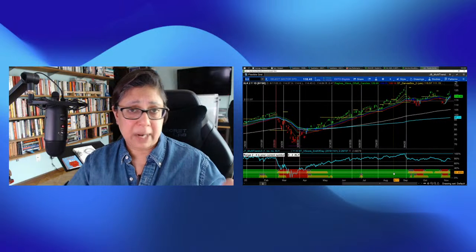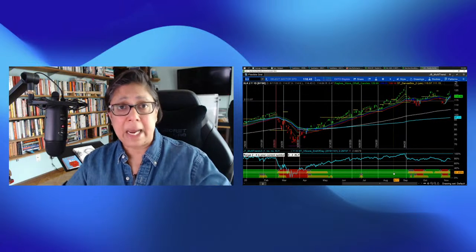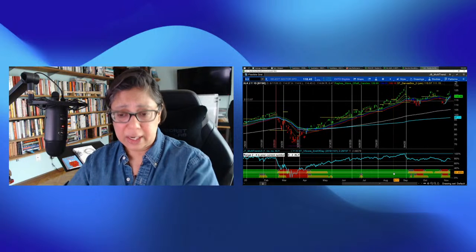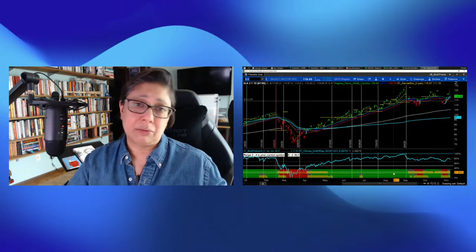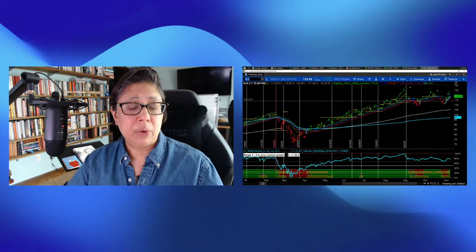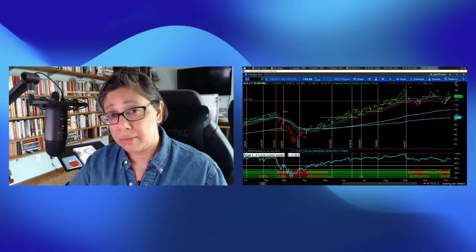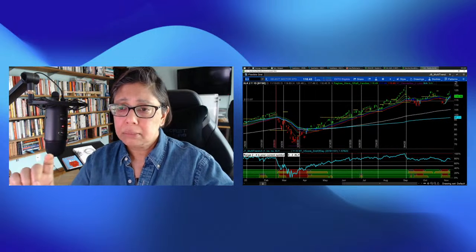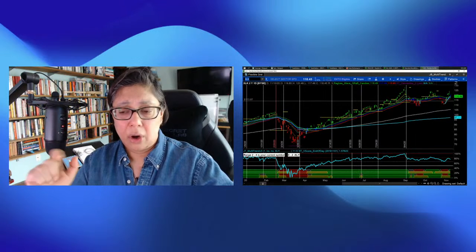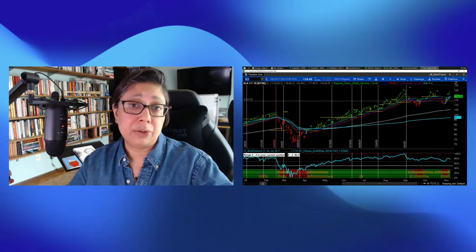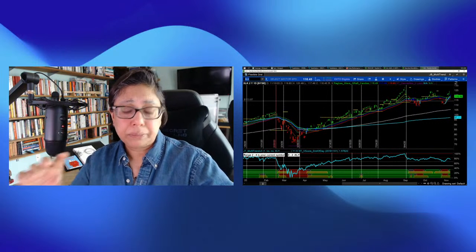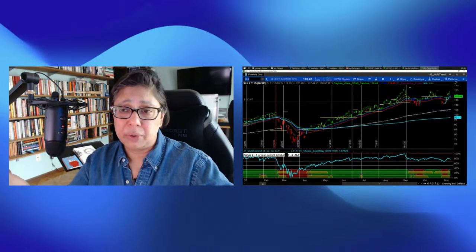So A, it forces me to have a process, that B, I then program in, or a programmer programs in for me, into an indicator. And then all I've got to do is read the tea leaves, as they say. So I think one of the best ways to shorten the learning curve, at least that's what I try to do for my traders and students, is automate. Automate the decisions. Automate the things that I used to do manually. All right, so that's what I would focus on.